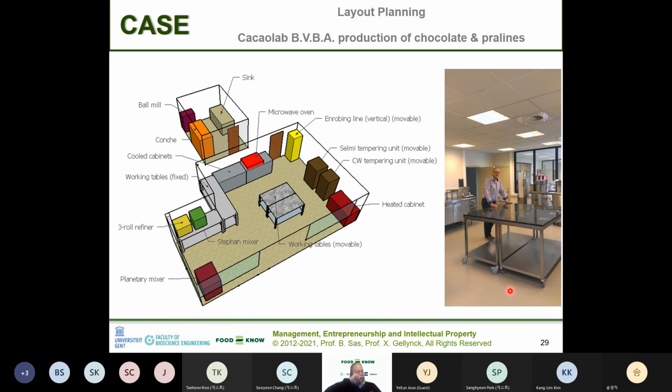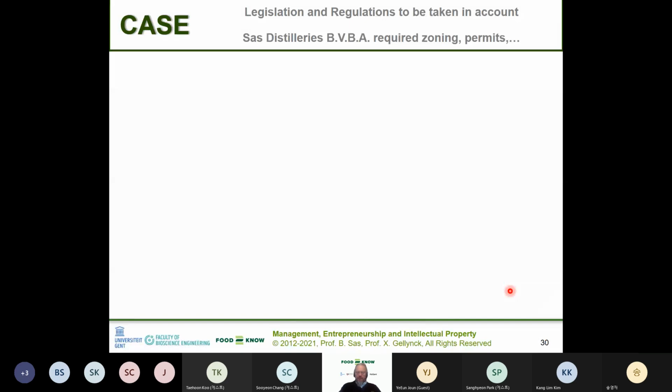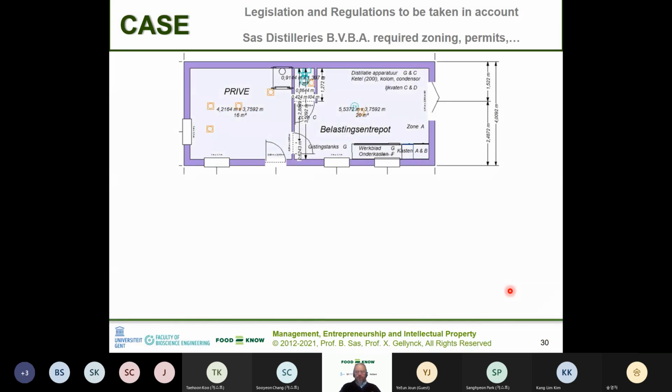We moved during Corona times, I think from every difficulty you have to turn it into an opportunity. So during lockdown we had the opportunity to make use of the time and move to a larger location with multiple rooms and also a pilot hall. Here again, an example of the small distillery.